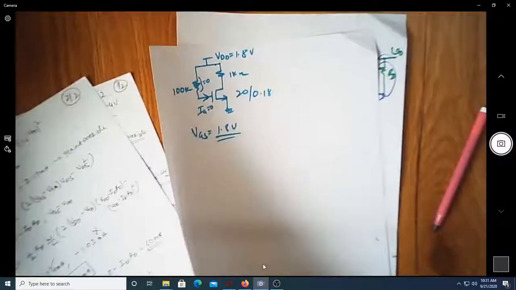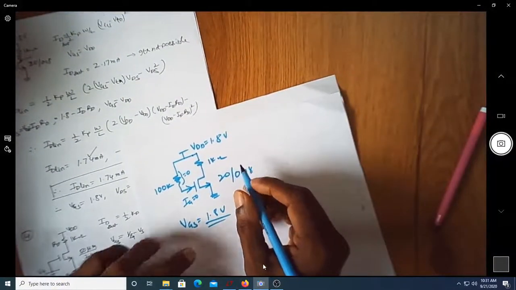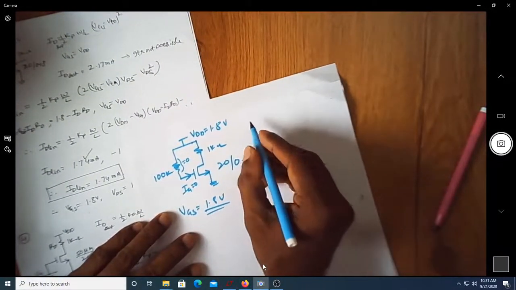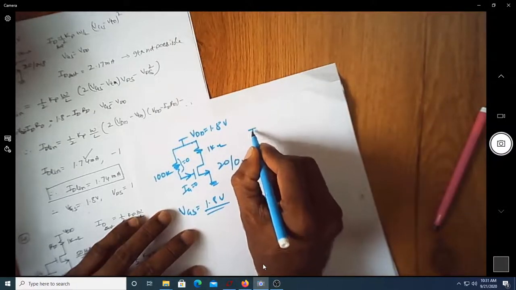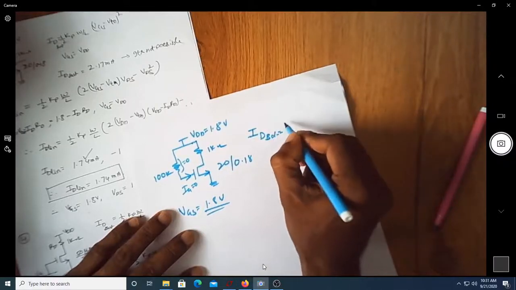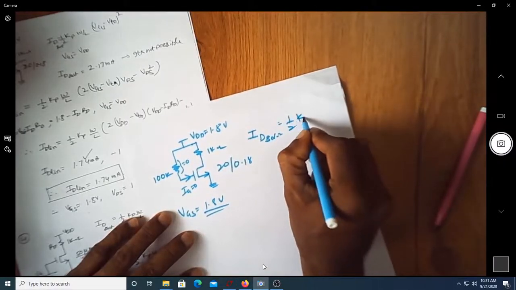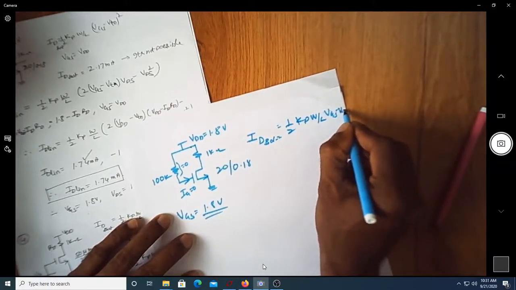Of course, you can start with ID in the linear region also. Let us start with ID in saturation region, and if we find it is not correct, we'll go to the linear region. ID sat happens to be half into Kp W by L VGS minus VTO whole square.